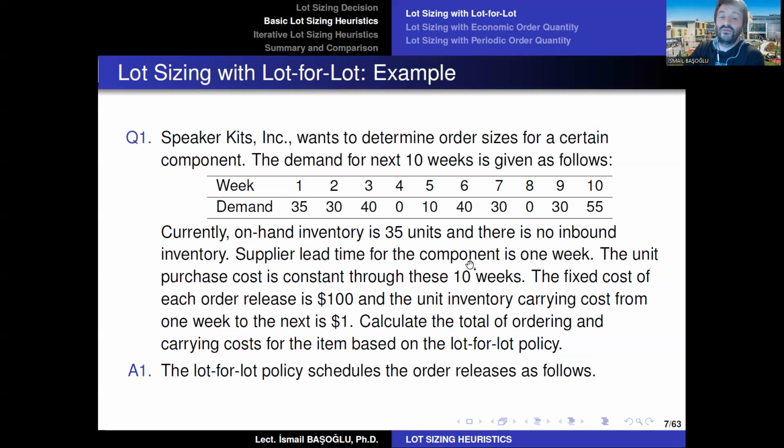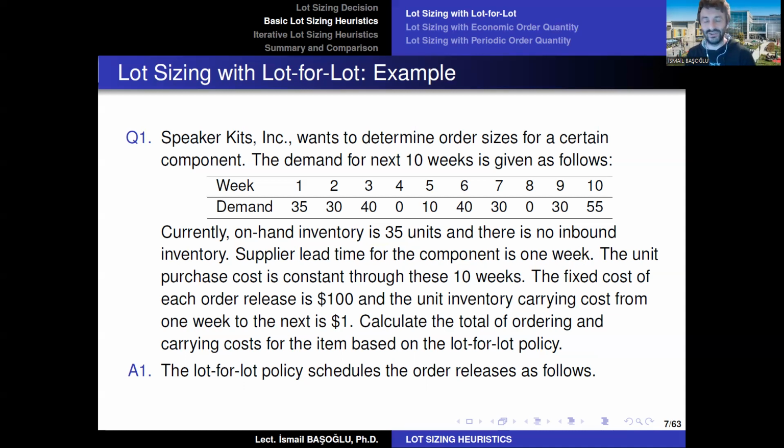The supplier lead time for the component is 1 week. So this is a problem usually associated with net requirements planning, my friends. If the supplier lead time is 1 week, then if we need to receive a certain amount of item from our supplier at a certain week, then we need to release the associated order 1 week before.